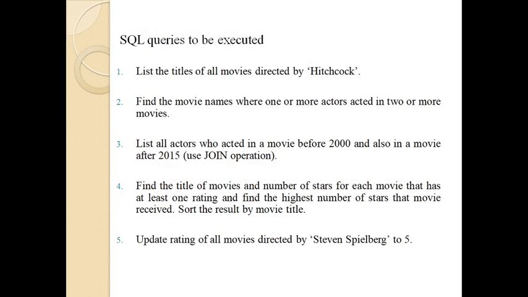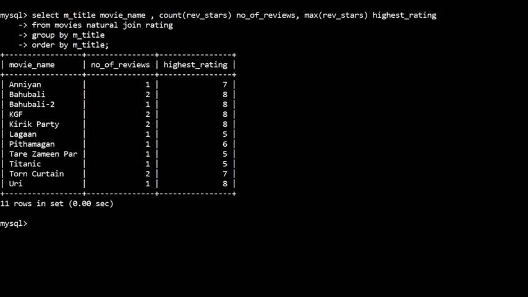Update rating of all movies directed by Steven Spielberg to 5. So you need to update the rating to 5 for the movies, and that movie must be directed by Steven Spielberg. Now what I will do here is I'll show you the rating first.